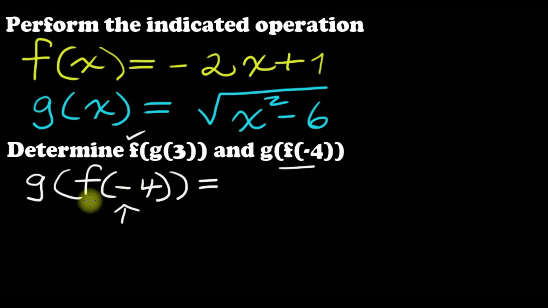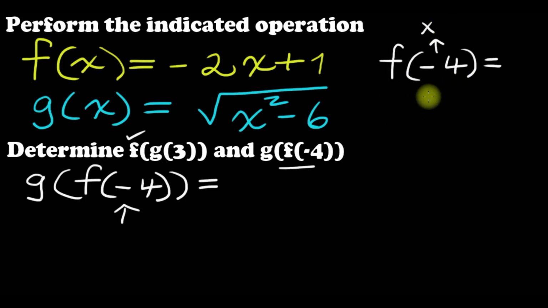So you have to determine what f of negative 4 is. We're going to go up here to work out f of negative 4. Think of this as f of x, so negative 4 is going to be your x.